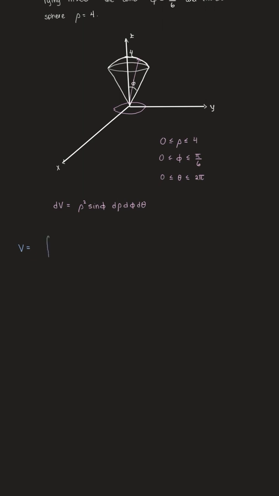Our outermost integral will go from 0 to 2 pi. Those are the bounds for theta. The middle integral for phi will go from 0 to pi over 6. The inside integral for rho is from 0 to 4. And our integrand is 1, so our dV, our volume element, will be rho squared sine phi, d rho, d phi, d theta.